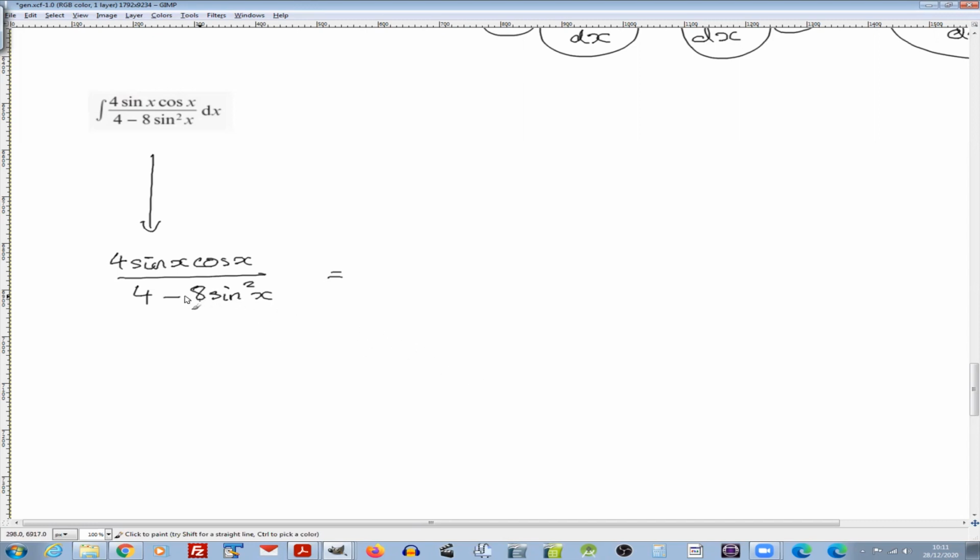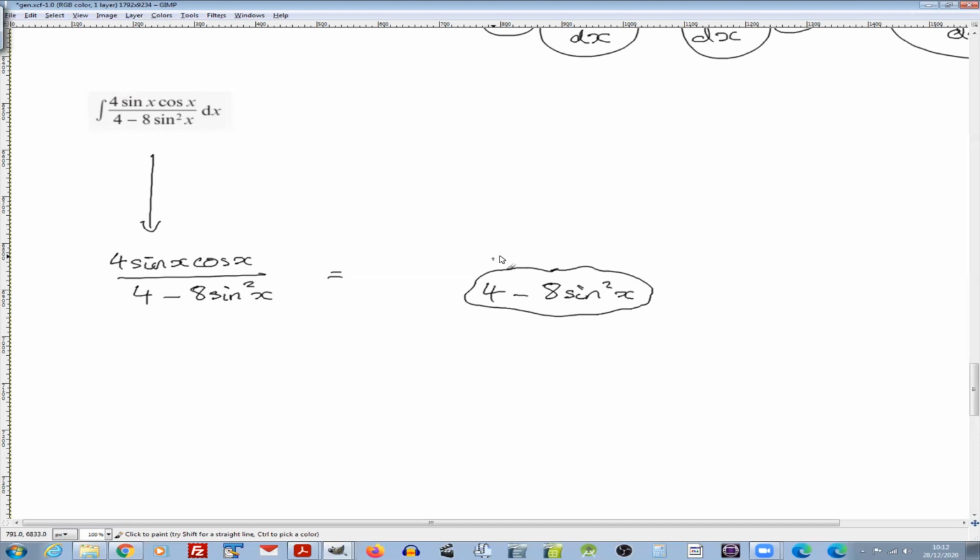Whether we call it u or blob, as I tend to, it'll take some pains, some trial and error, probably. But here we're going to find that we're in trouble unless we choose u as anything smaller than 4 minus 8 sine squared x.